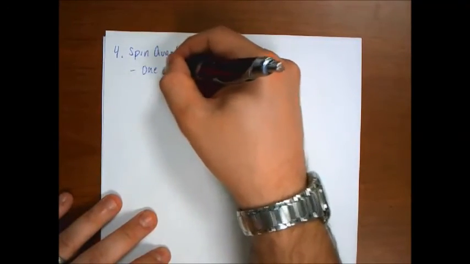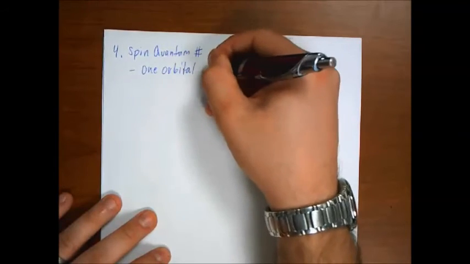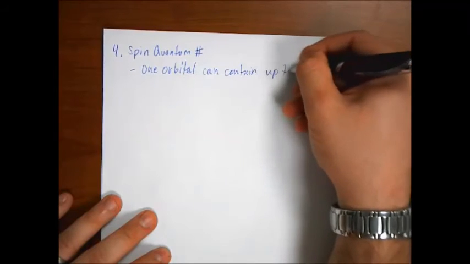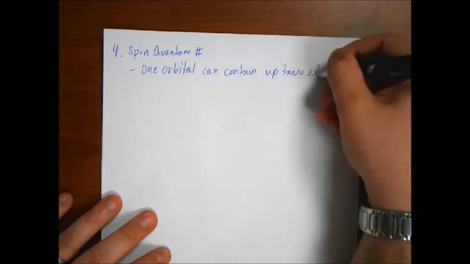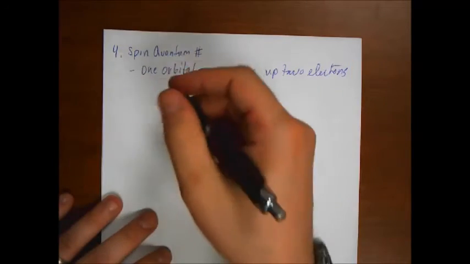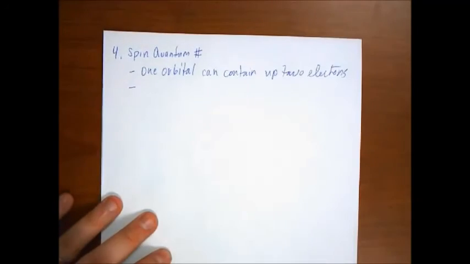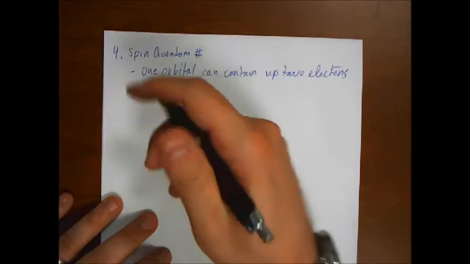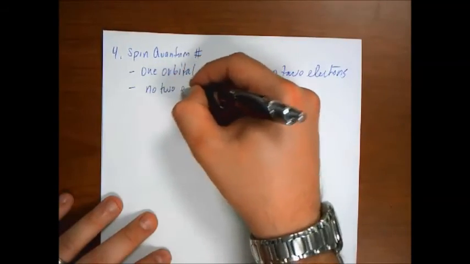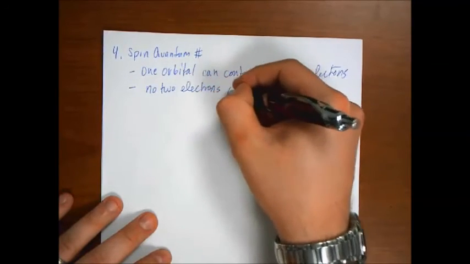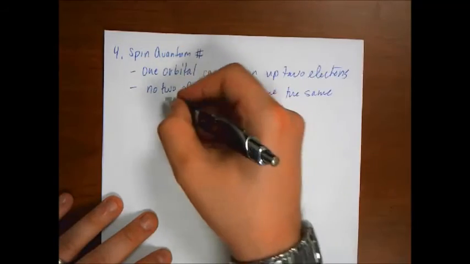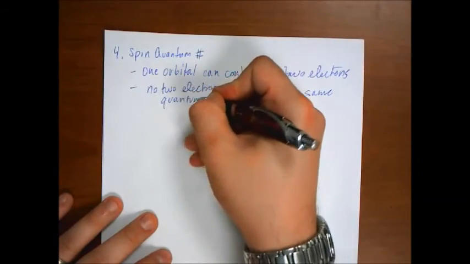So one orbital can contain up to 2 electrons. Okay? And the way that this works is we know from, and we're going to get into this in more detail in the next one, no 2 electrons can have the same quantum numbers. That's impossible.